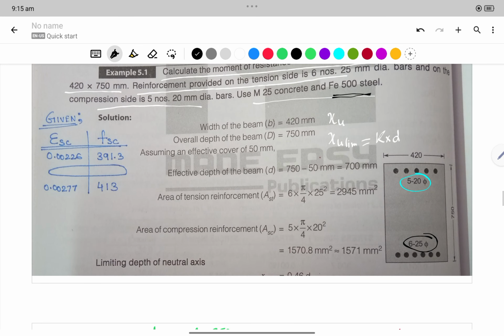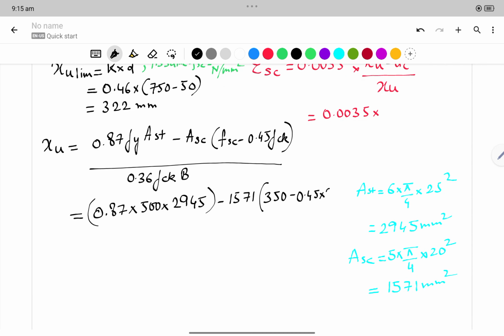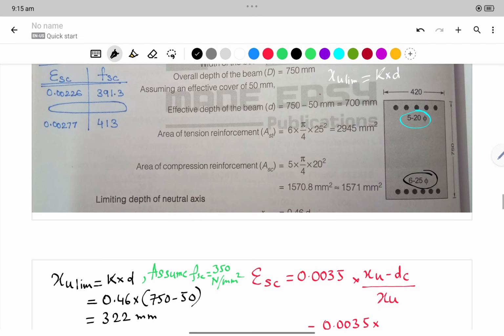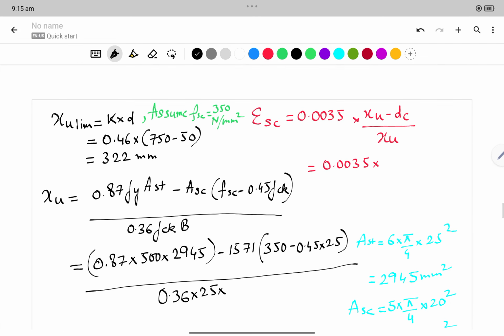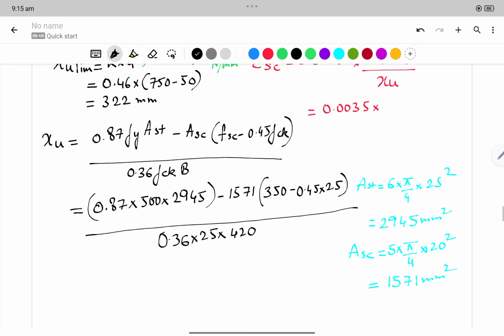So FCK is M25, so it's 25 divided by 0.36 into 25 into B. Let's check. B is 420. So give a minute, I will calculate it.